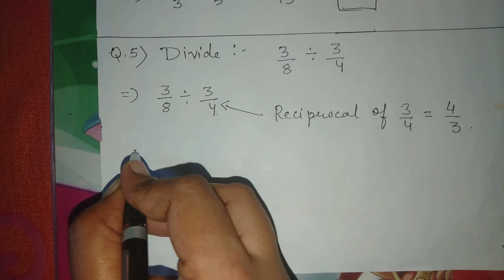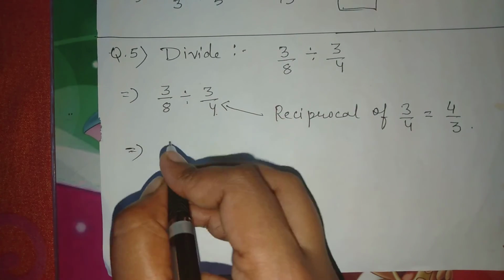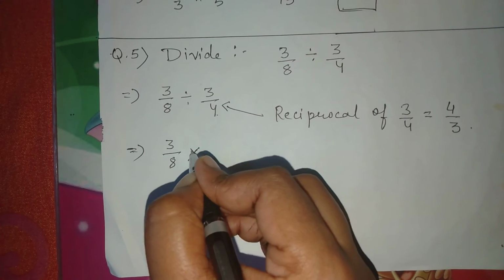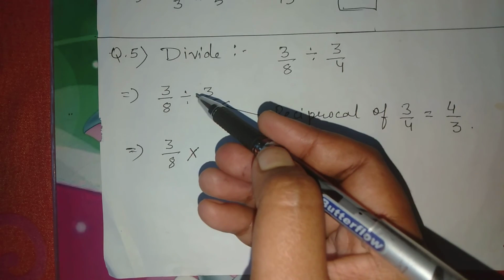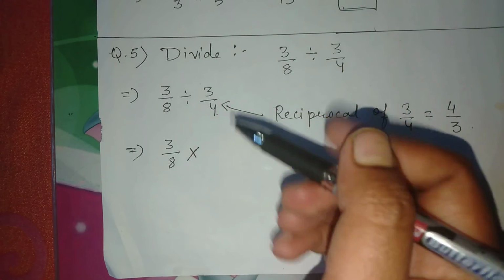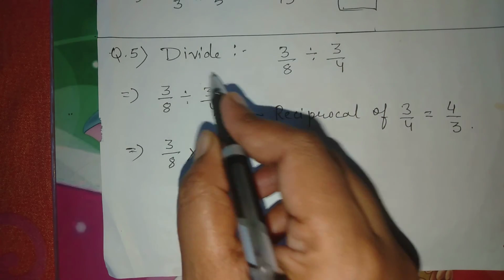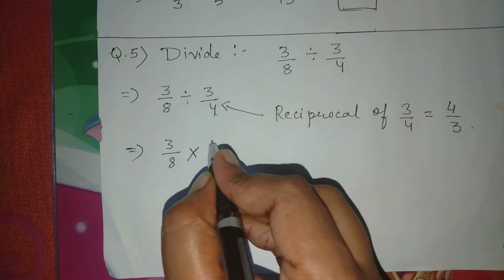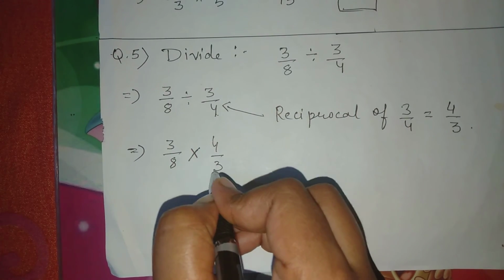Okay. So now rewrite 3 by 8 into. What is the meaning of into? It means the opposite of division. So for that we will take the reciprocal of this number. So what is the reciprocal of 3 by 4? It will be 4 by 3.